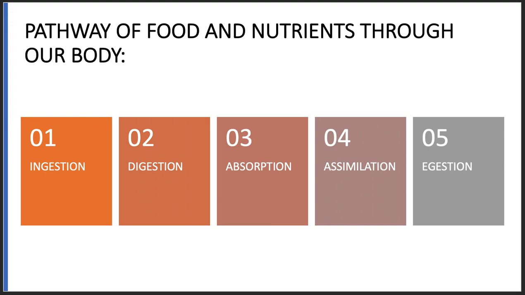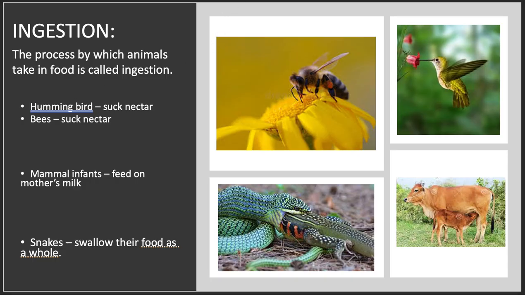So now let me tell you about this interesting thing. Ingestion. Ingestion is how animals take in food. That is called ingestion. There are many types of animals, as you can see in this slide. Different types of animals have different ways of taking in food.